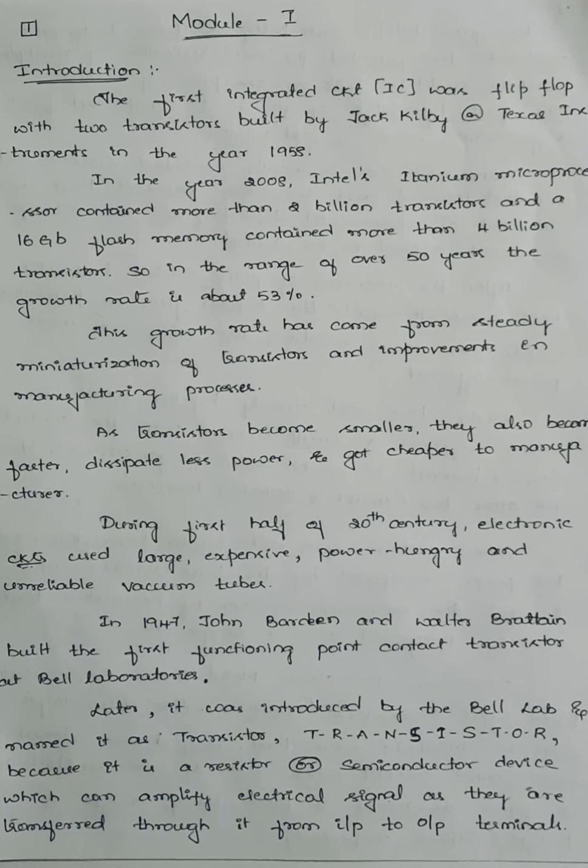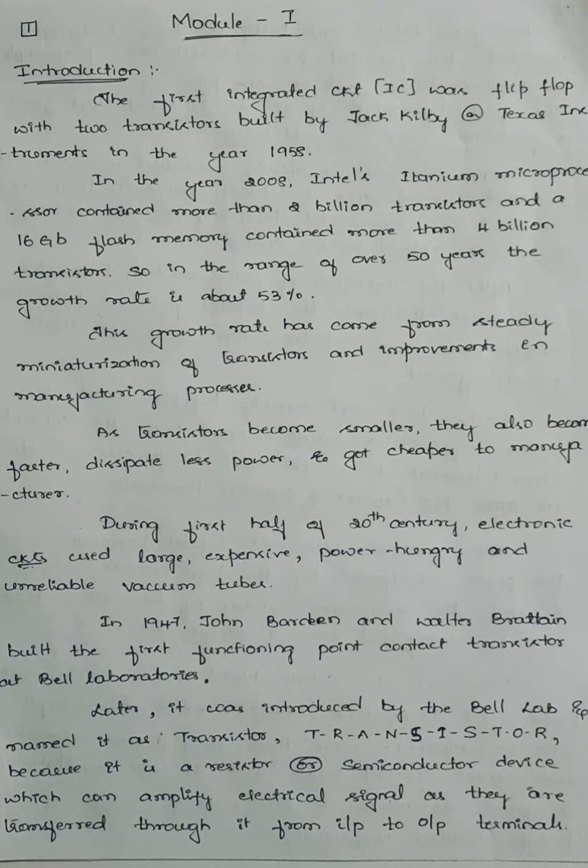During the first half of the 20th century, electronic circuits used large, expensive, power-hungry, and unreliable vacuum tubes. But in 1947, John Bardeen and Walter Brattain built the first functioning point contact transistor at Bell Laboratories.